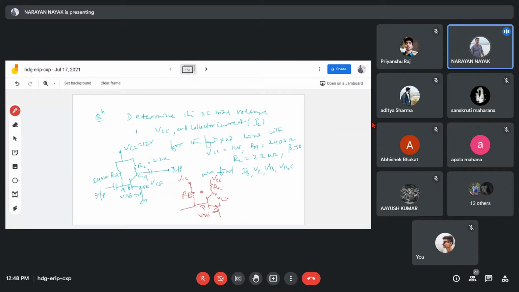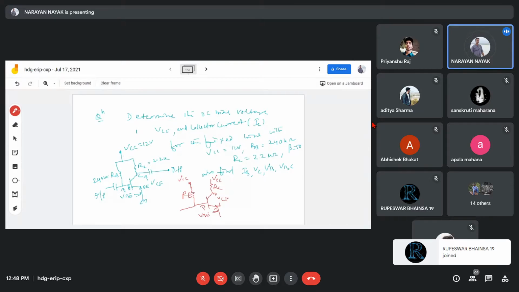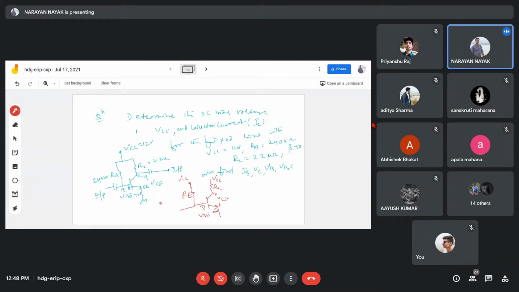Now you have to find out the total VC and IC. So I can take one loop. This is loop one, and from here to here you have to consider loop two.